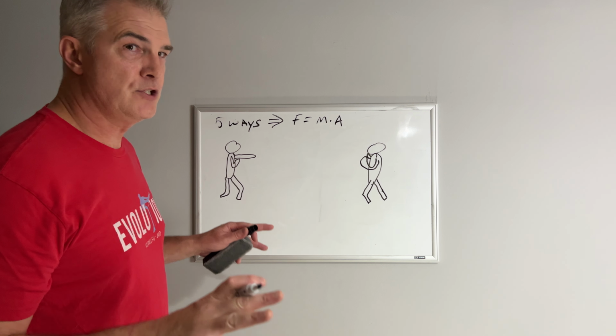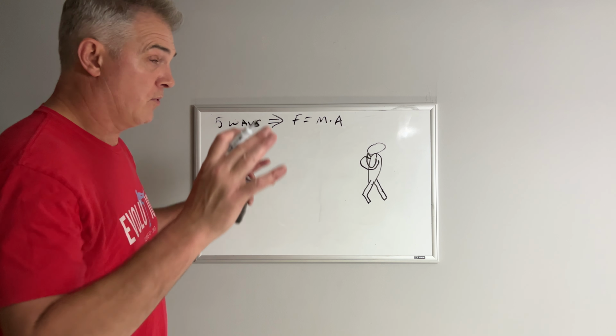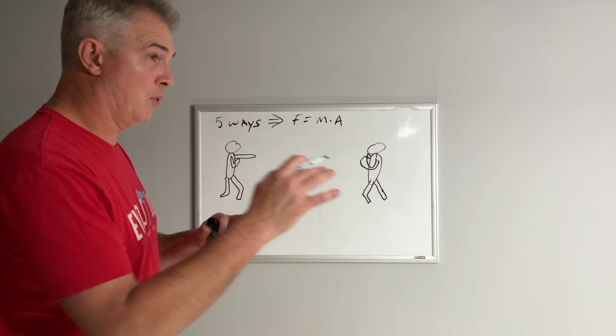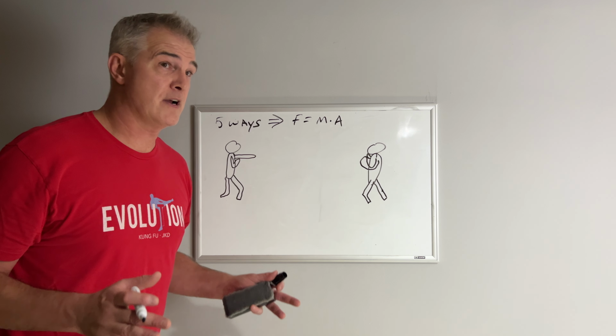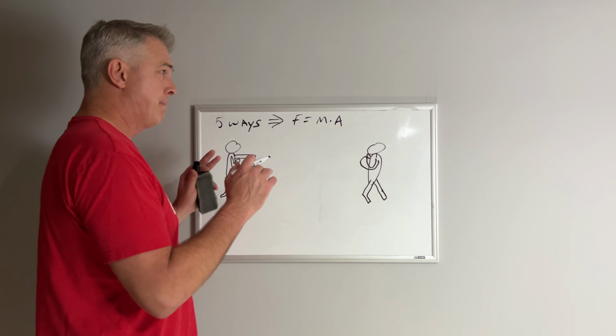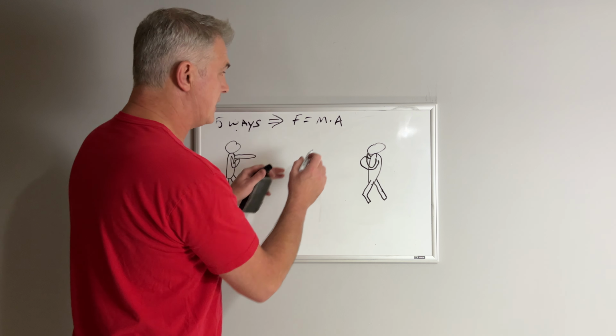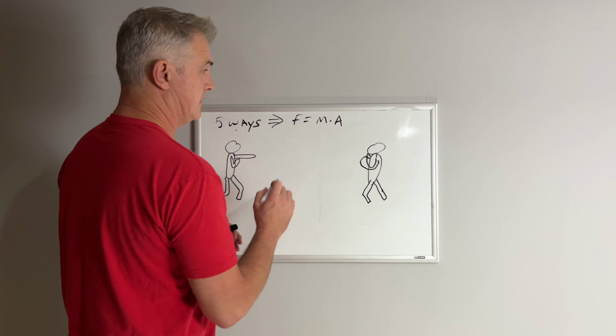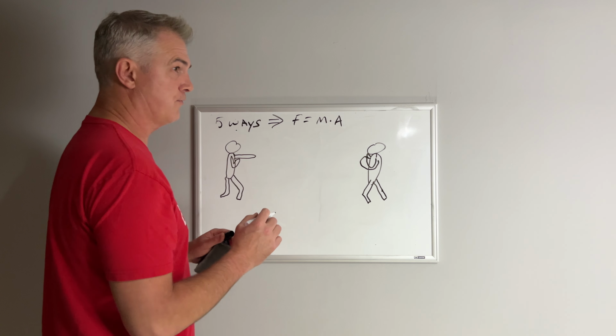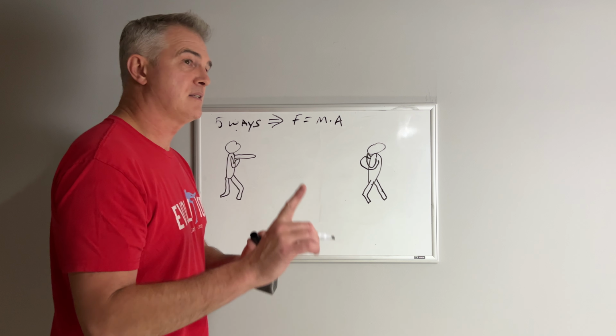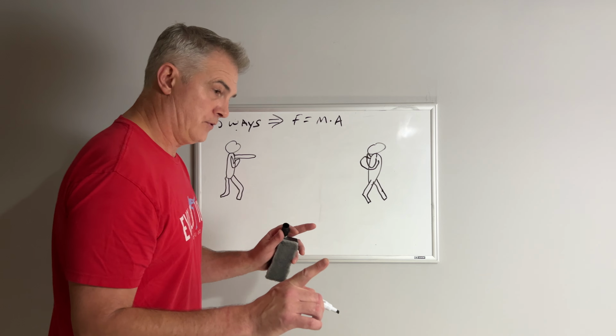If you put this into your training, whatever you're doing, if you spar and you're moving around and you don't have to go very hard, if you're using the 5 ways to help you manipulate the numbers, your mass and acceleration numbers, to increase your force and be successful. You've got to be successful.